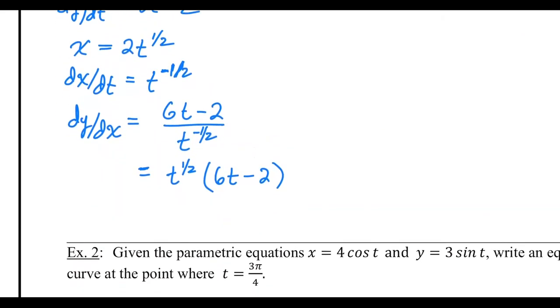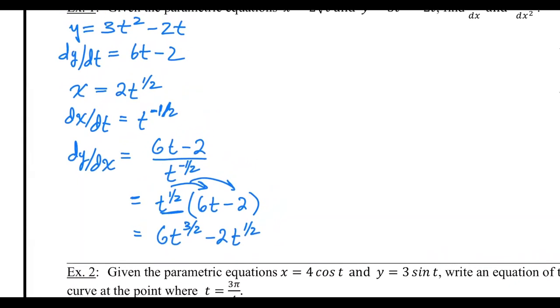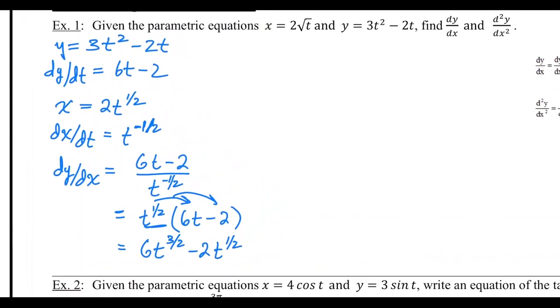And then I'm going to distribute the t to the 1/2. No matter how much I want that to be t squared, it's not. 6t to the 3/2 minus 2t to the 1/2. All right. A little bit nicer. I mean, it's by no means a work of art, but it's still something.